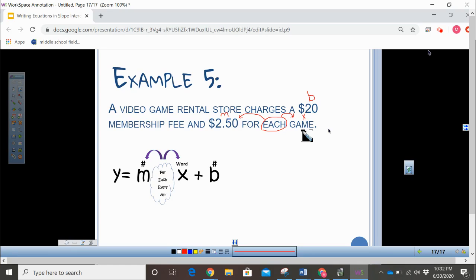Now, once I've identified all of the key pieces of the slope-intercept formula, then I just have to write my formula. So then my formula should be y equals $2.50 x plus $20.